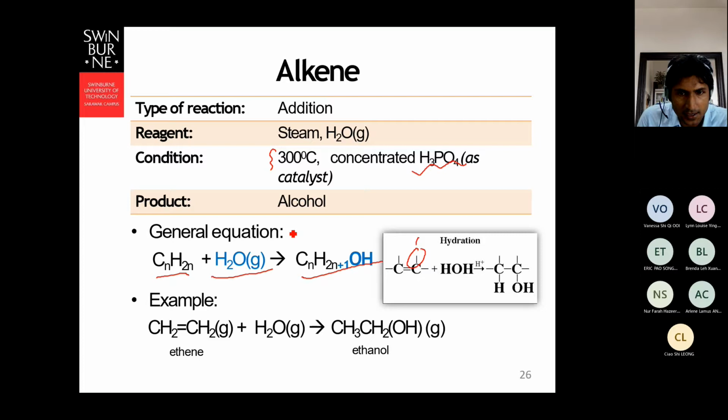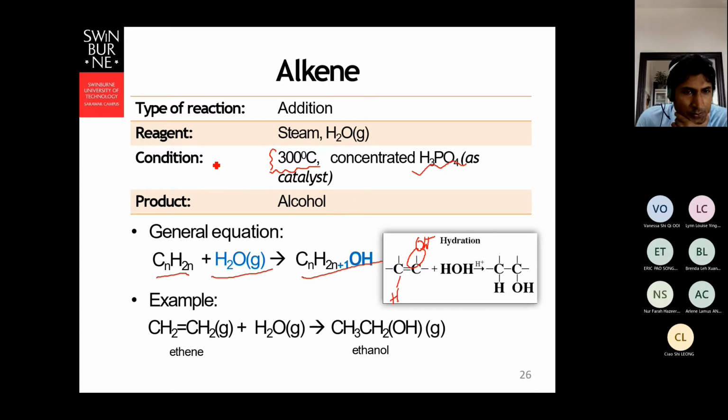From here, one hydroxyl is attached to this, and to this carbon the hydrogen is going to attach, or vice versa. Okay, so this is how this hydration, or alcohol, is being produced. My point is that 300 degrees centigrade is required with phosphoric acid as a catalyst.